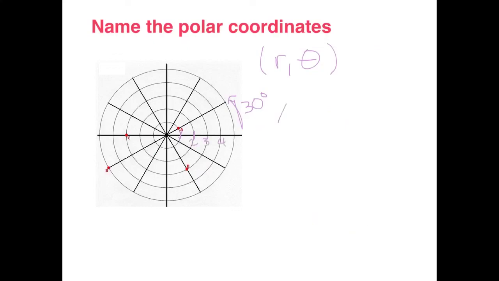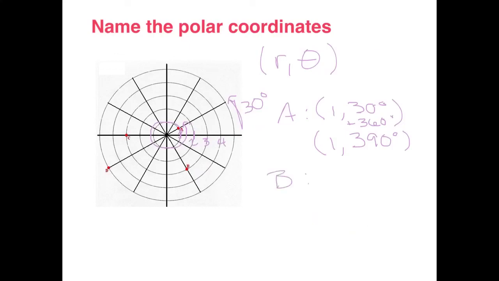So point A, I would give as 1, 30. I could also keep going around the circle. It could be 1, 390. I could keep adding 360s and keep getting ways of describing where point A is.